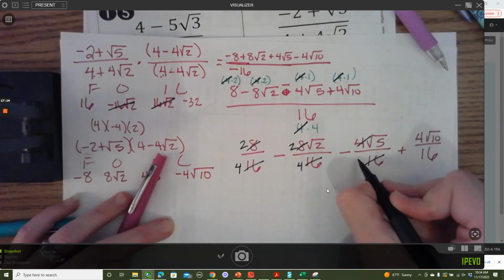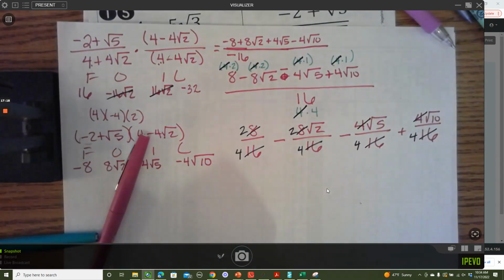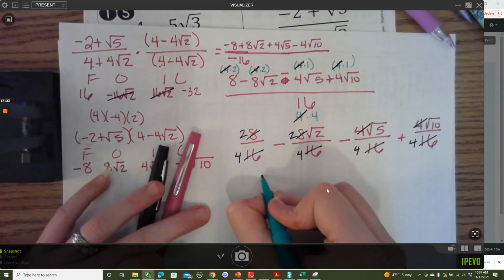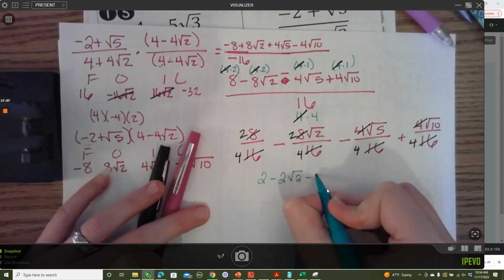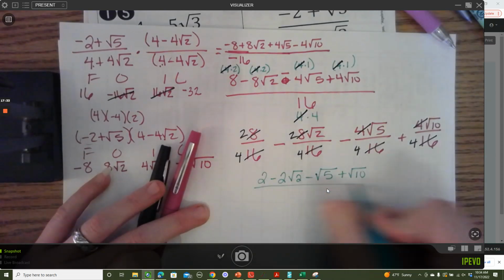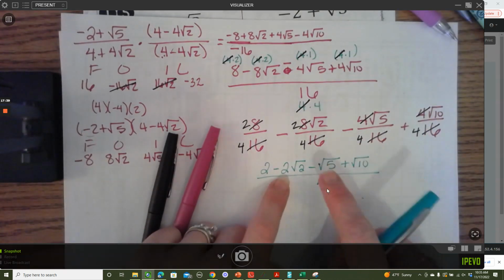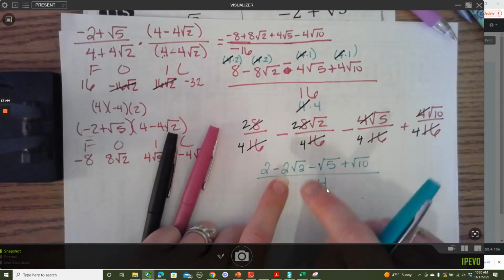This cancels, I've got a 4 here. This cancels, I've got a 4 here. And then when I push it all back together, 2 minus 2 square root of 2 minus square root of 5 plus square root of 10. It comes out the same. That's the why behind the math. Why that works, or why you have to have a 4 for each term.